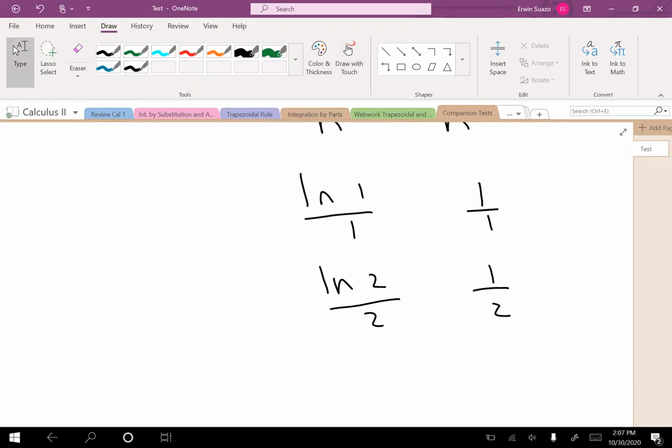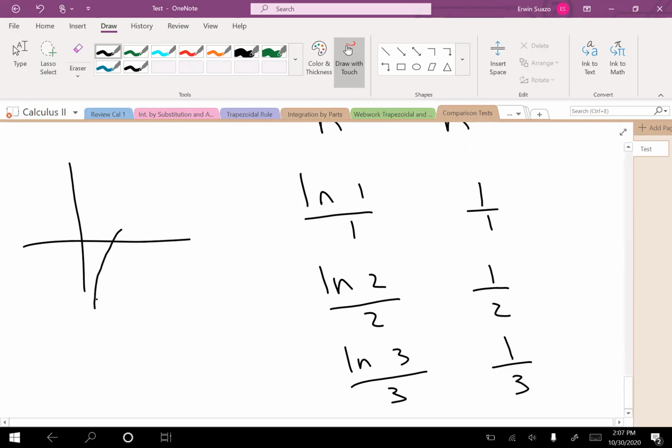Then ln of 3 divided by 3, and 1 over 3, and so on. For the first one, what is ln of 1? It is 0. So 1 over 1 is bigger than that one.